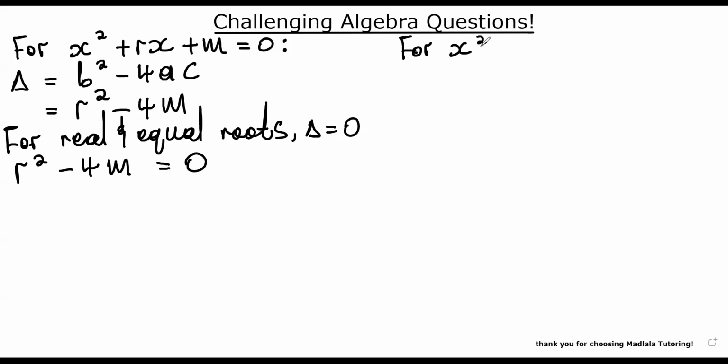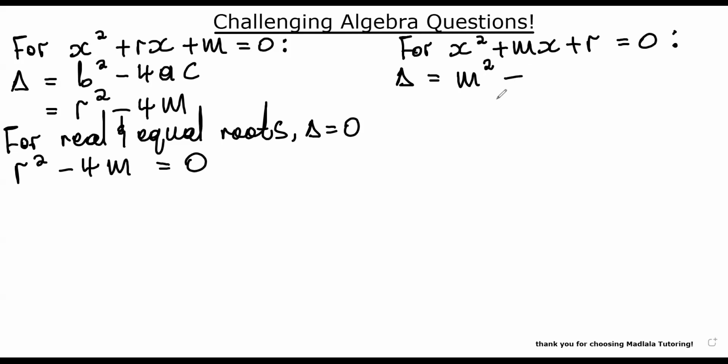Well, for this second equation, which is given as x squared plus mx plus r equals 0, once again, we need to find the value of delta, right? But we don't need to repeat the formula again. So our b in this case will be m.